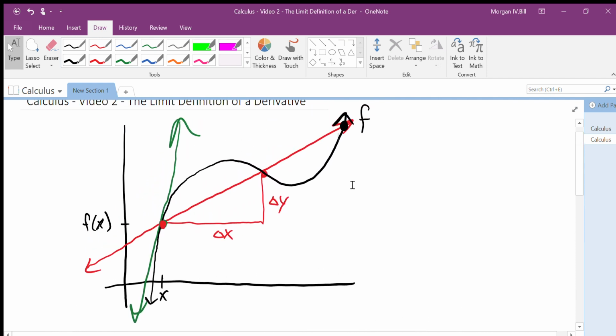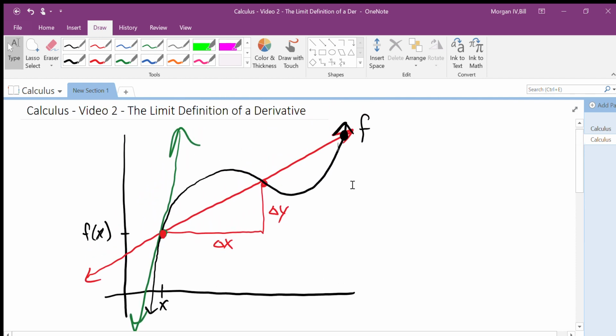And so the question is, how do we get a formula for finding the derivative? Or asked another way, how do we get a formula for finding the slope of that tangent line there in green? The way we do so is we use a series of secant lines that approach the tangent line.